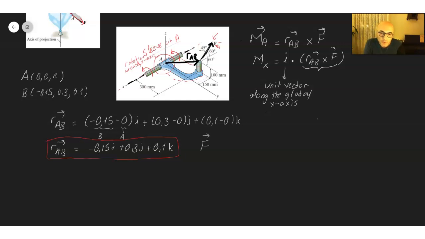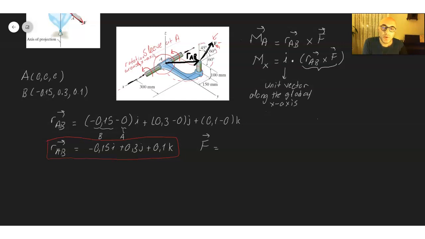okay guys, just try to remember how to write a vector as a Cartesian vector. So I'm given here, let's just highlight with red, the direction angles.